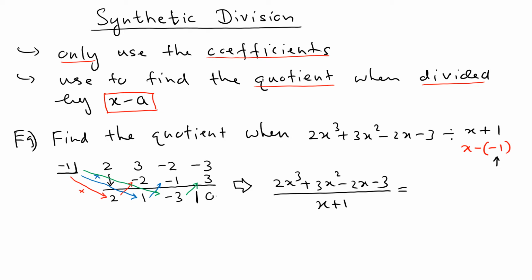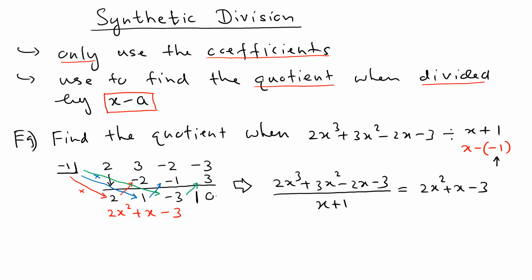You can see that there are three terms, so that means it is a quadratic. Because these are the coefficients, it should be 2x squared plus x minus 3. So that's the answer.